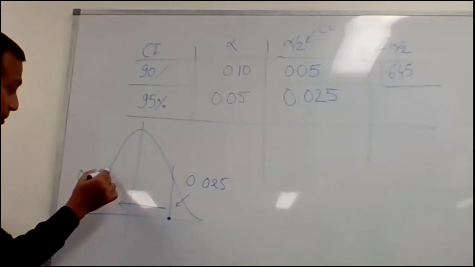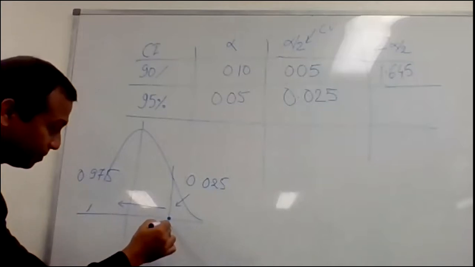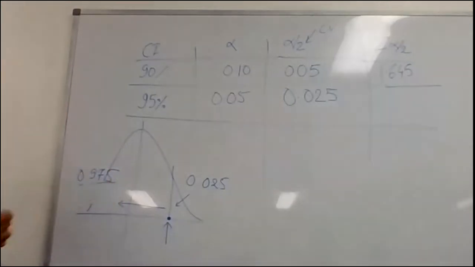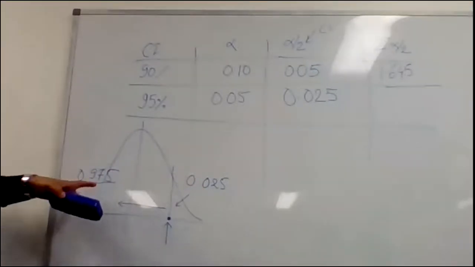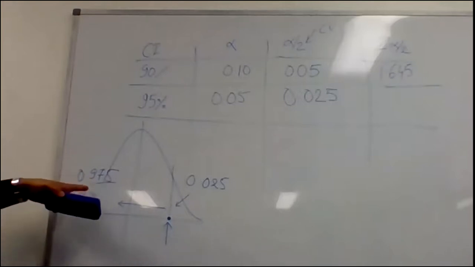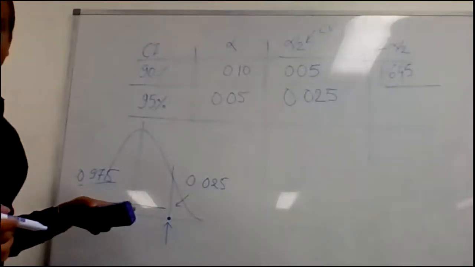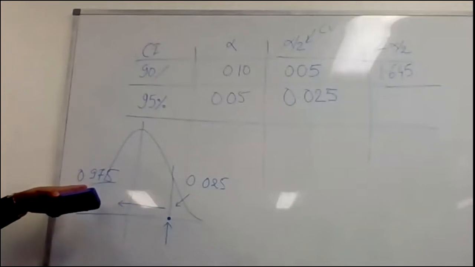This area is 0.025, so the remaining area on the left side will be 0.975. Find the critical value for 0.975. So in your Z table, what is the value coming for 0.975?